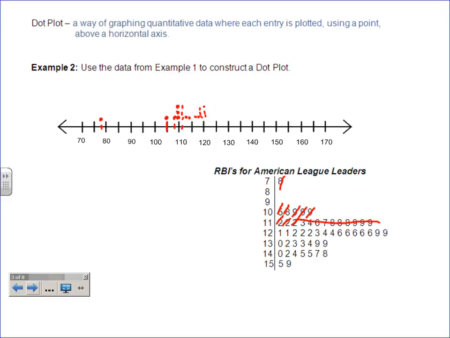Well, I got a little far off, but close enough. 121 twice, 122 3 times, 123, 124 twice, 126, and again you get the idea. Again, that just kind of shows you how the data is distributed, and that's going to turn out to be a very big word for us. How is it distributed? And again, you can finish that sometime if you're really bored in study hall or something.